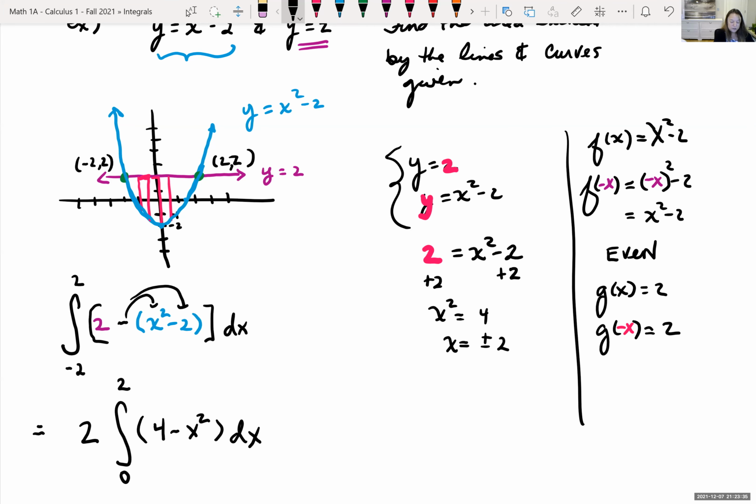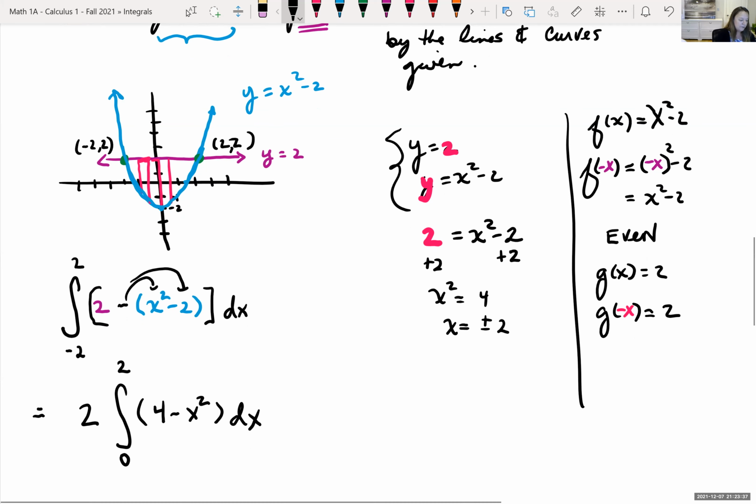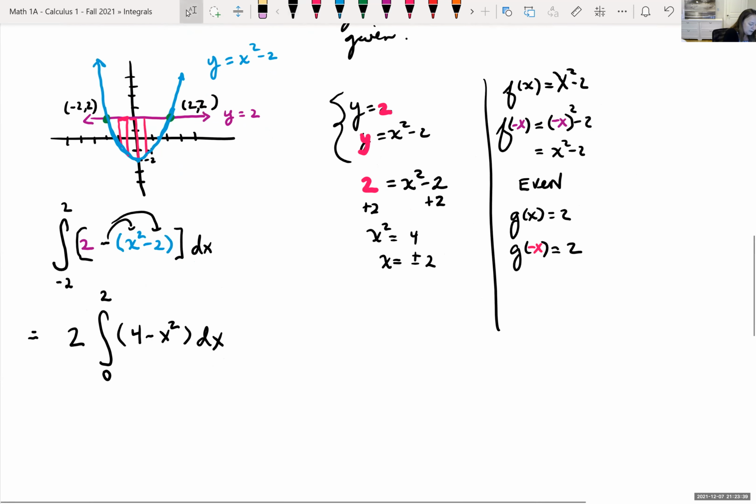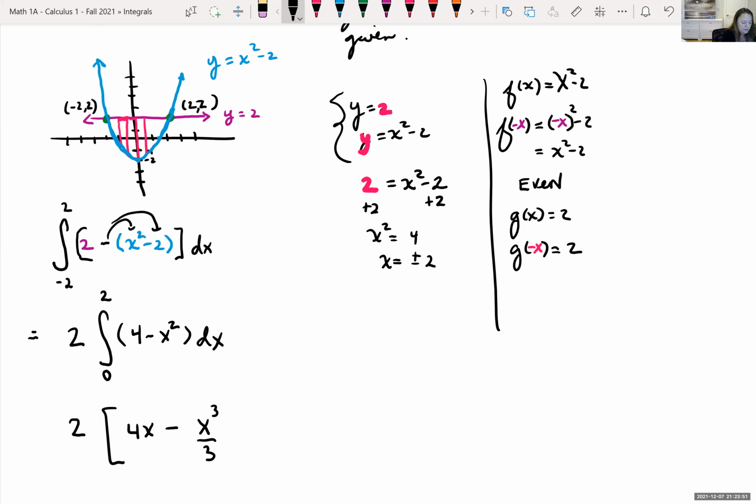Okay, so this one isn't too bad to find the antiderivative of. We can just go in. And so the antiderivative of 4 is just 4x, minus the antiderivative of x squared, which is x cubed over 3. And we're evaluating this from 0 to 2. So we go in and we plug in our upper bound wherever we see our x value.